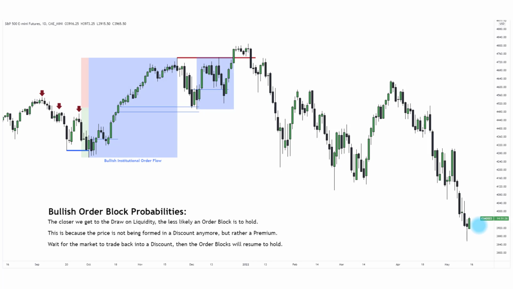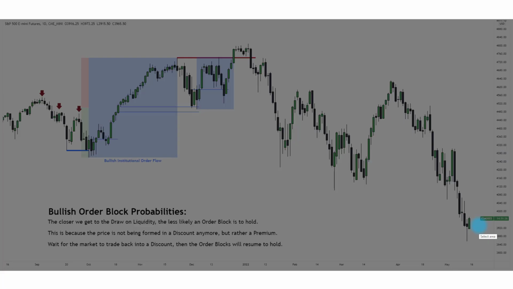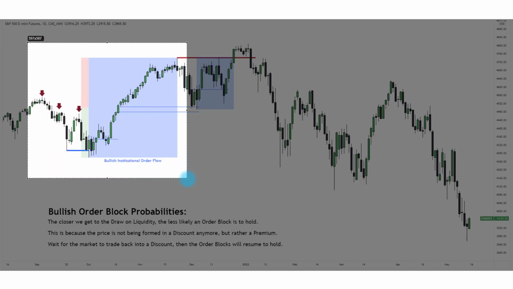Now let's talk a little bit about bullish order block probabilities. The closer we get to the draw on liquidity, the less likely an order block is going to hold. Let's explain this. Here you can see that if price comes and tests the order block, they're going to hold. Because if we look to the left here, price is in a discount and we've just taken out an old low, and we're extremely in a discount here.